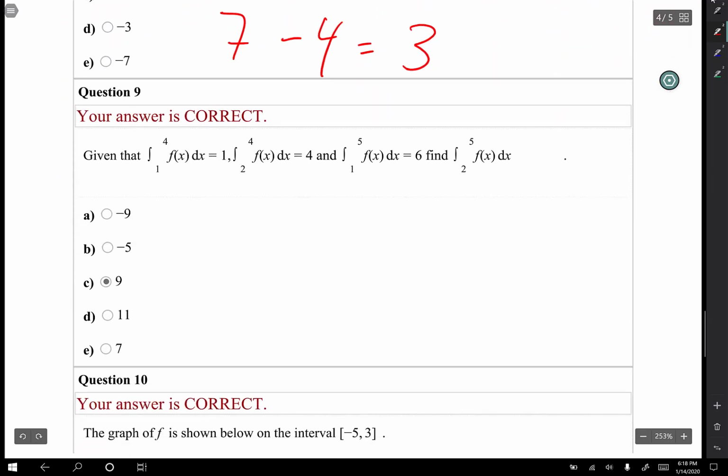Right, on this one, they want the area 2 to 5, so we've got to look at it. So this is what I ultimately want. So here's what we're going to do.